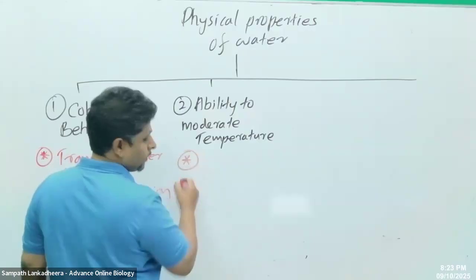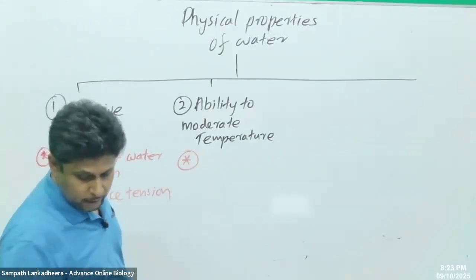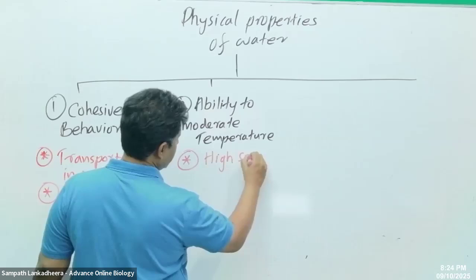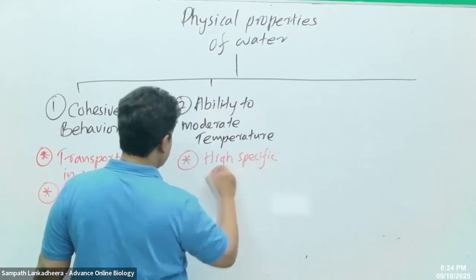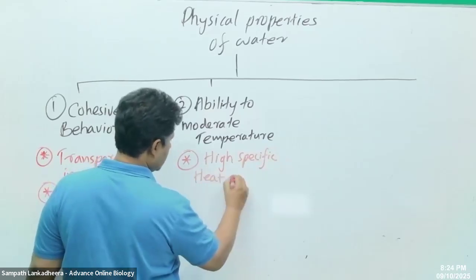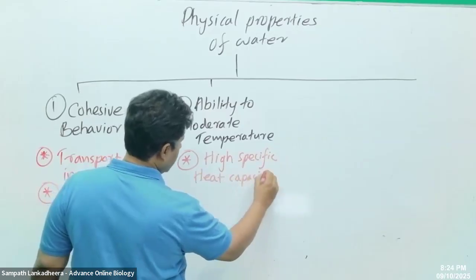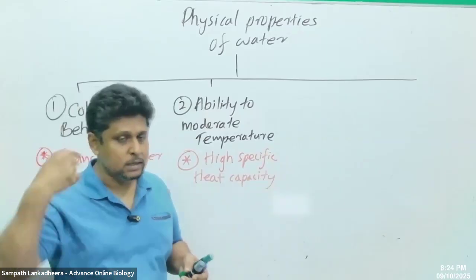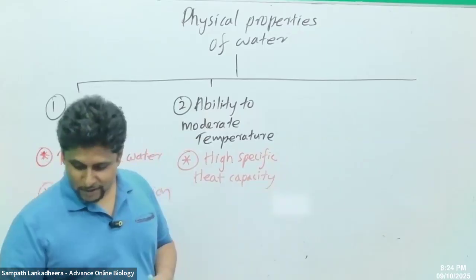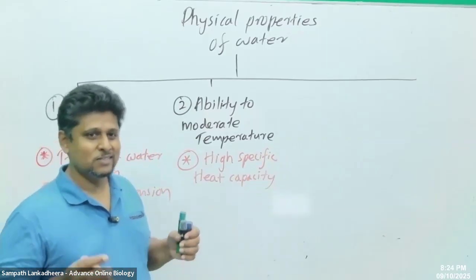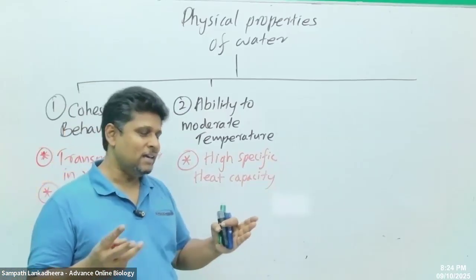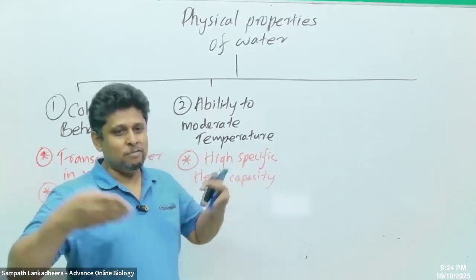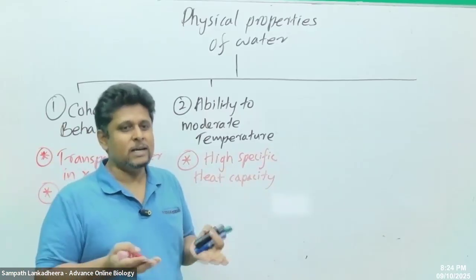First one, high specific heat capacity. It is going to absorb a lot of heat, and then it heats up slowly. Even if a lot of energy is applied, it's going to heat up slowly.